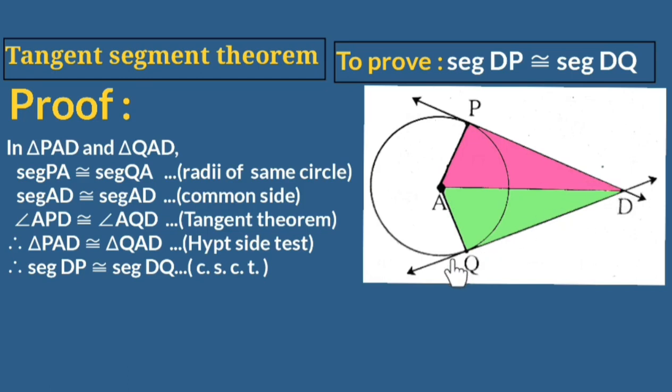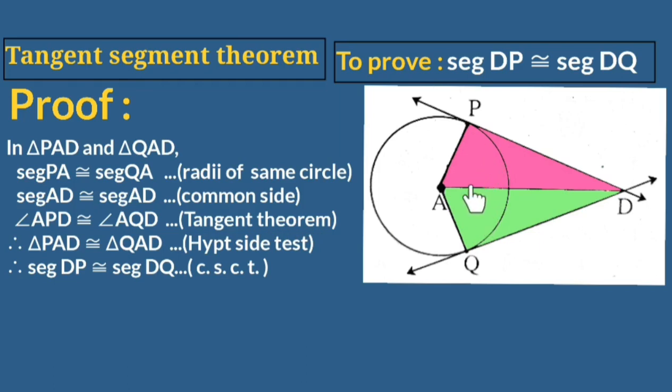Similarly, segment DQ is tangent and AQ is the radius drawn through the point of contact. Therefore, the tangent is perpendicular to the radius, means angle AQD is also 90 degrees. Means angle APD is 90, angle AQD is also 90. Therefore, angle APD is congruent to angle AQD. Reason: each 90 degrees, or tangent theorem.